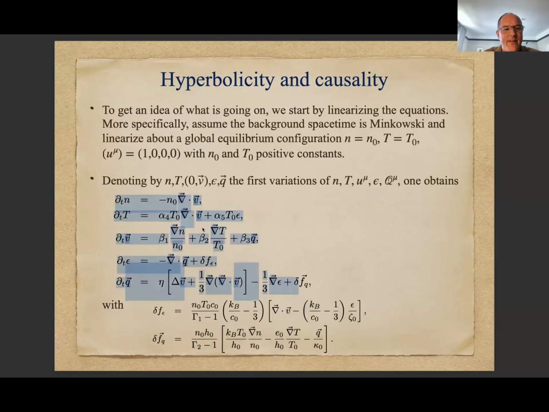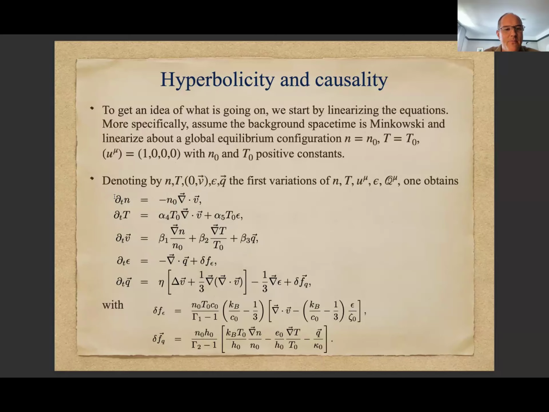By an abuse of notation, n and T will also denote the first variation of n and T. The forward velocity, because it's the first variation, should be orthogonal to u. So I can parameterize it in this way, where v is a free velocity, if you like, and q denotes the first variation of the heat flow.